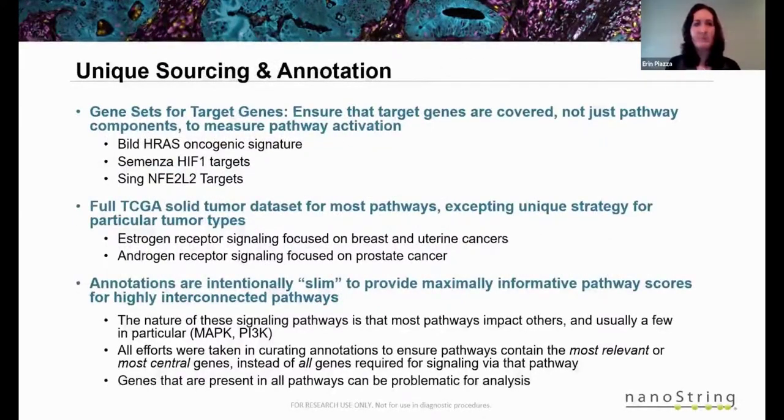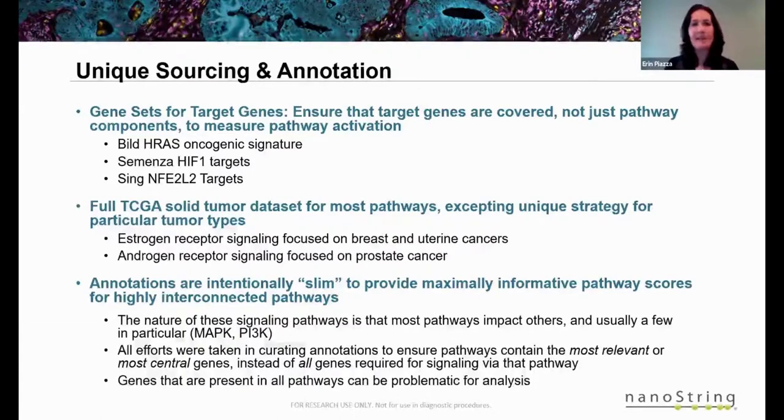We also use some unique sourcing and annotation for this panel. It's always important, especially in cancer, where pathway components can be mutated or deleted or otherwise misexpressed, to measure the components of these important pathways themselves. However, it's also important to measure genes that are transcriptionally regulated by these pathways in order to measure the up or down regulation of pathway activity itself.